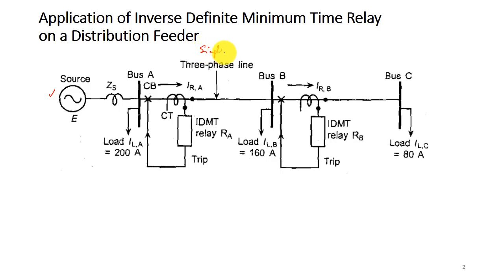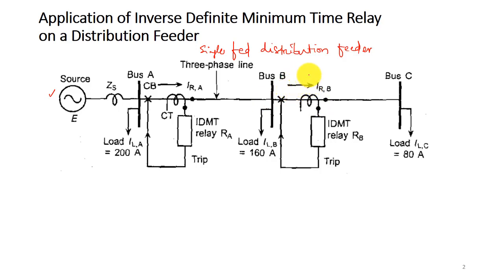We'll also talk about the double feed distribution feeder later. Here at one end we have a source feeding loads connected at different buses: bus A, bus B and bus C.